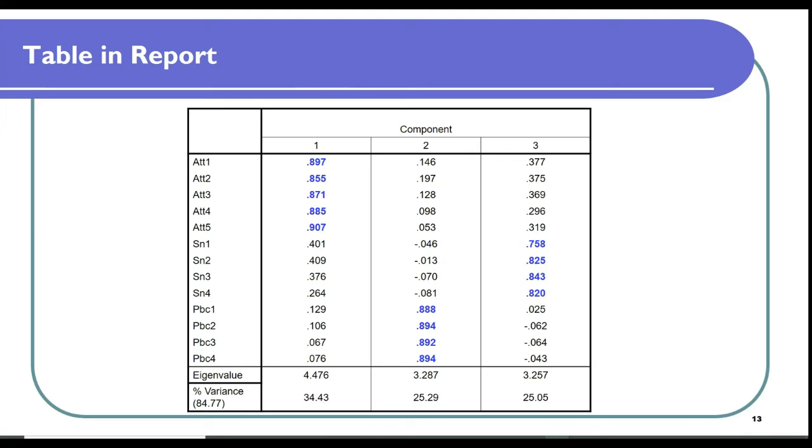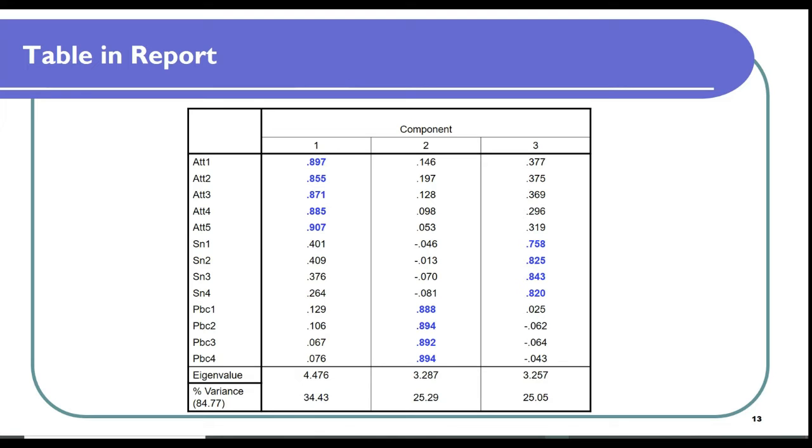All right, so this is the table in the report. In conclusion, there are 3 factors: attitude 1 to attitude 5 contribute to measuring one single factor, which we call attitude. PBC1 to PBC4 contribute to measuring PBC, and subjective norm SN1 to SN4 contribute to measuring one single factor, which is subjective norm.